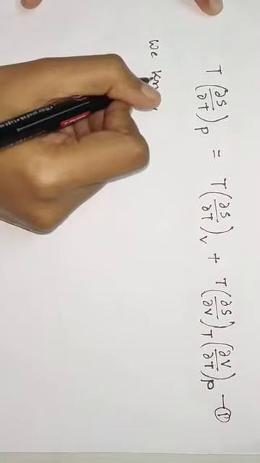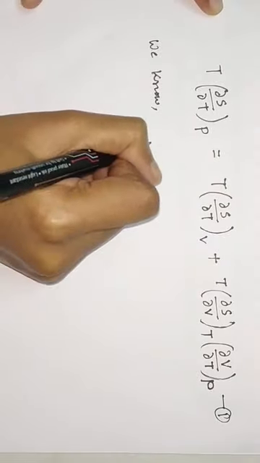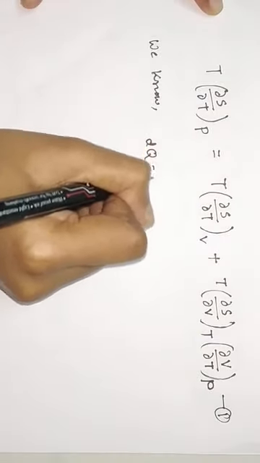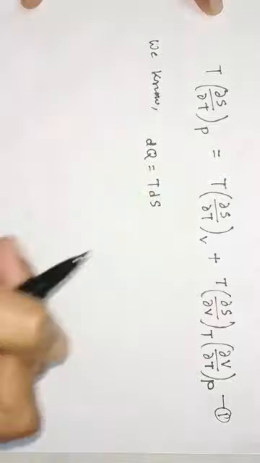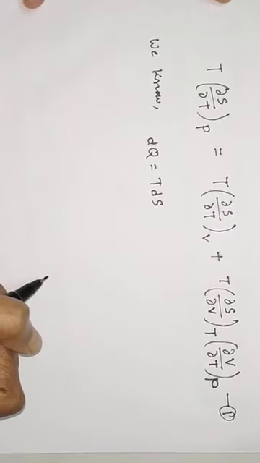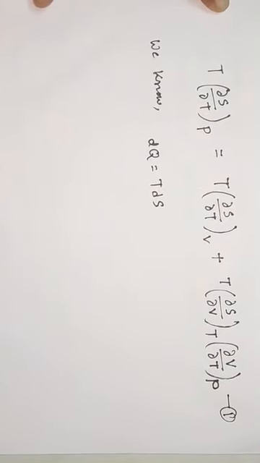Okay, so we know that dq equals TdS for an infinitesimal reversible process.